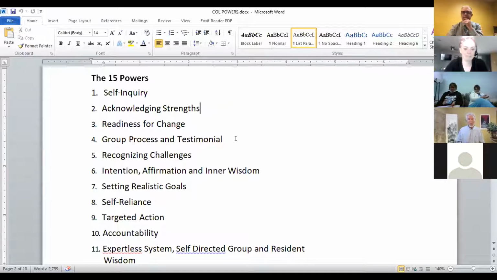Group process and storytelling or testimonials. I'm part of a very dynamic group of coaches that we've trained who meet to do group coaching. Every time we do these group sessions, it becomes so obvious that the power for leveraging these new behaviors into people's lives lies in the fact that they are being purposeful about it.